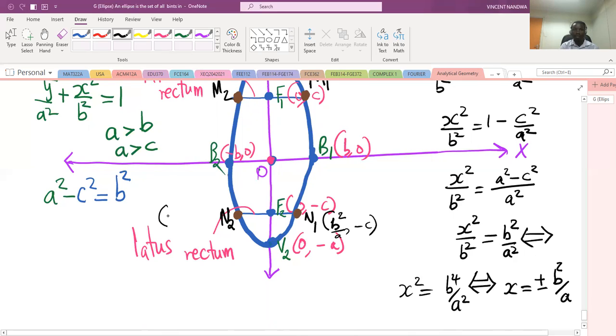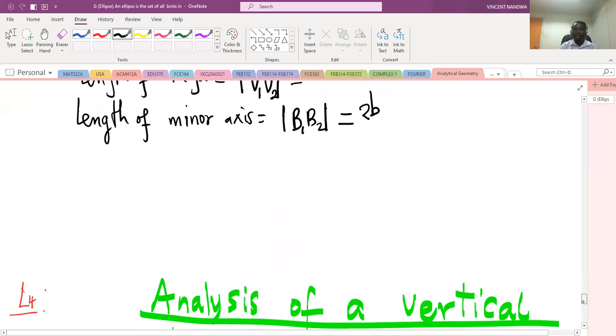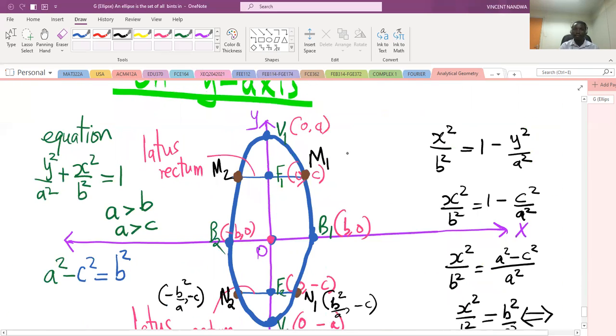Here we'll have (-b squared over a, -c), and on this other end we'll have (b squared over a, c), and this other end will be (-b squared over a, c). So those are the ends of the latus rectum.